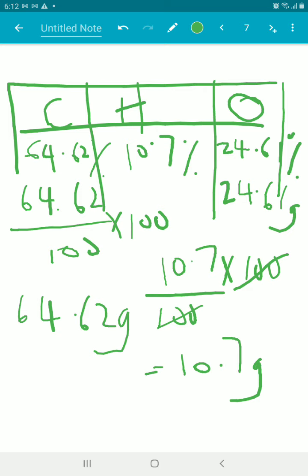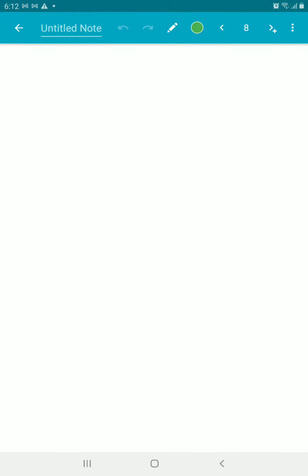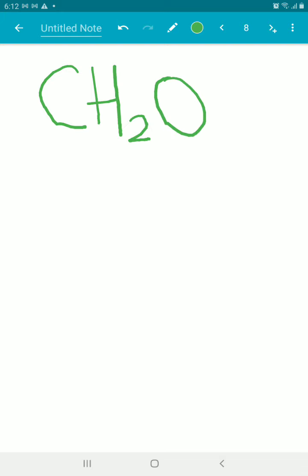Then after you dah dapat the simplest number of mole, for example here you have 1, 2 and 3, so the empirical formula for the substance must be CH2O3, like that.